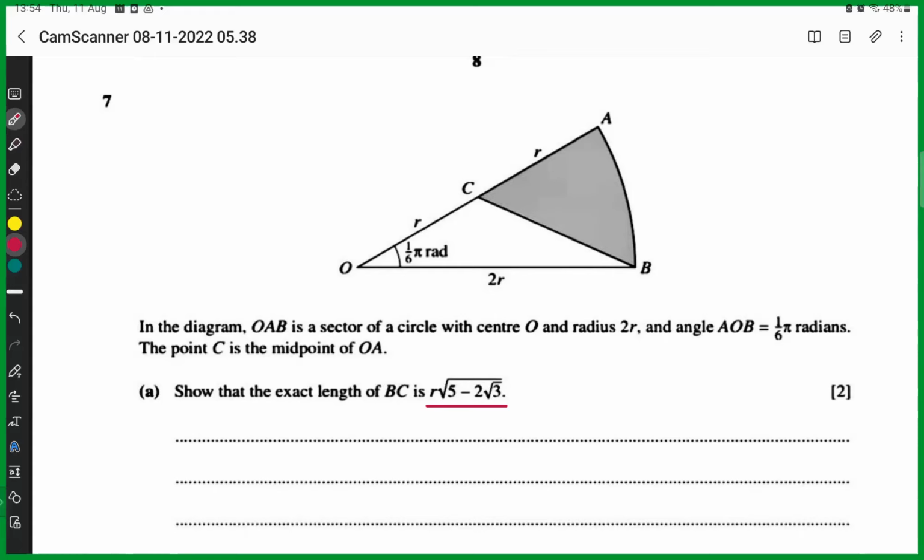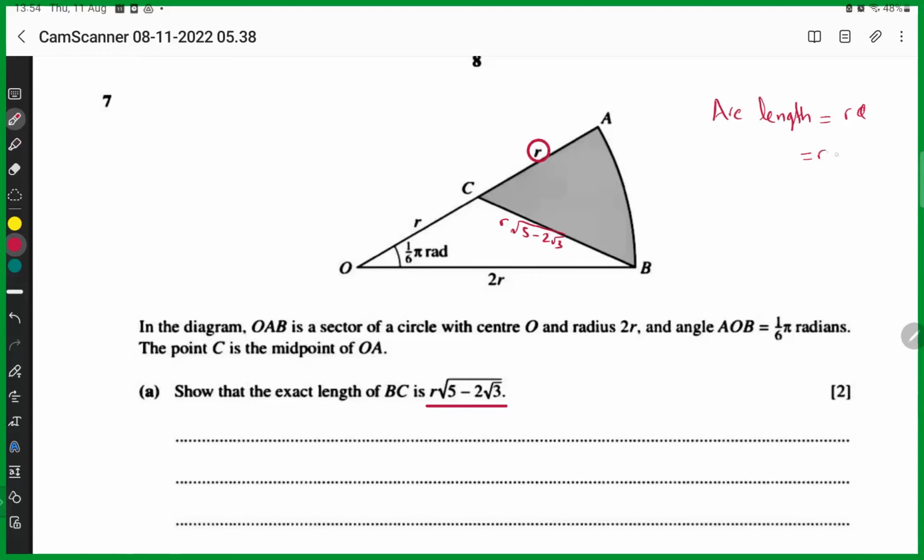So for that, you have this, that is R root 5 minus 2 root 3. You already have AC, that's given, and everything is in terms of R, so that's fine. You are only supposed to find out AB. For AB, we need to find the arc length, and arc length is equal to R theta.